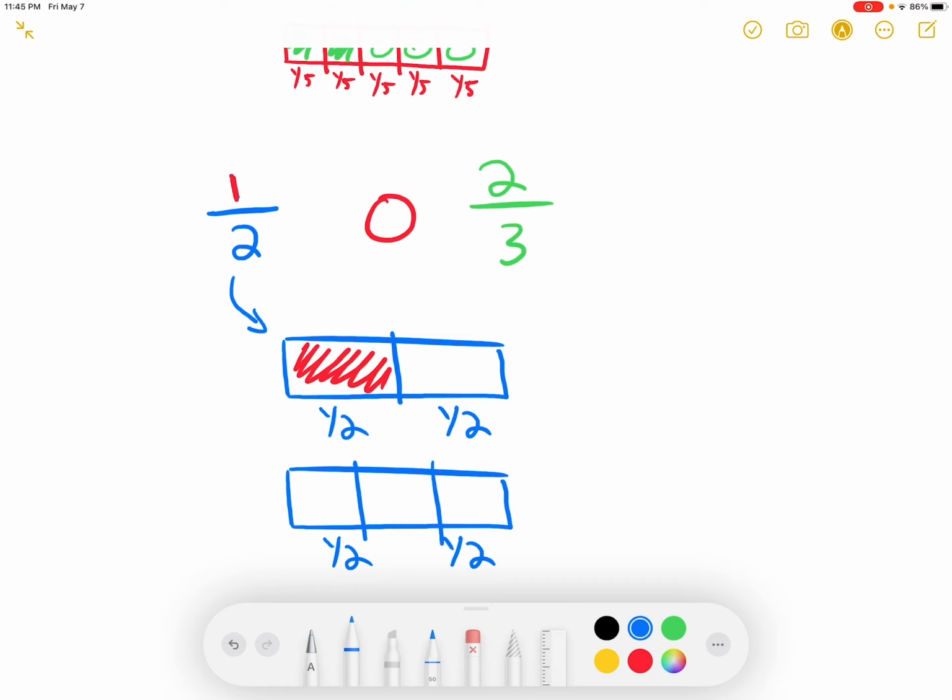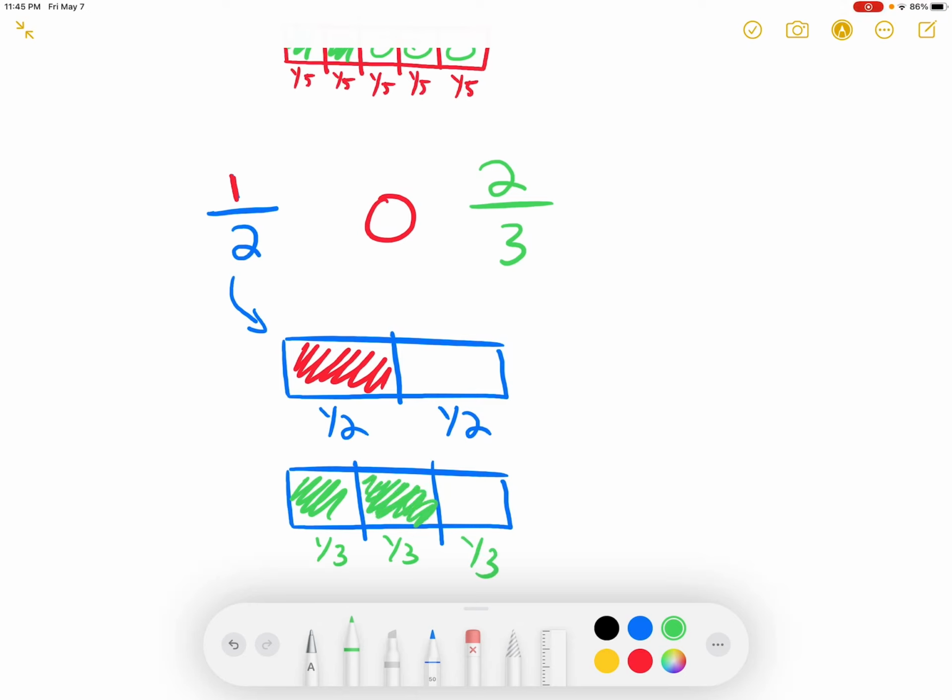And the thirds have to be equal. So here is 2/3, right? This is 1 out of 3, that's 1 out of 3, that's 1 out of 3.